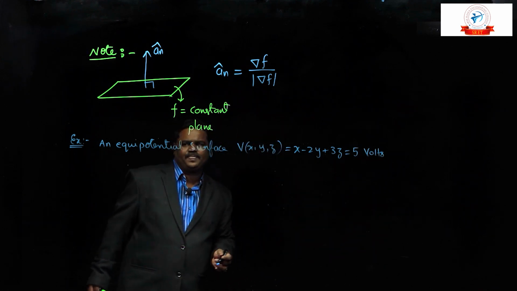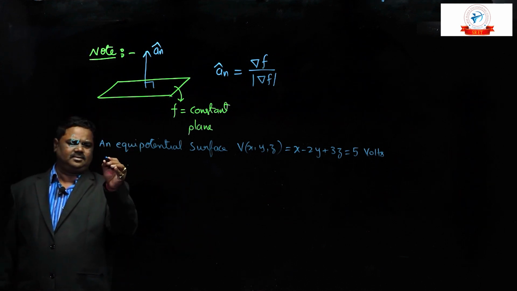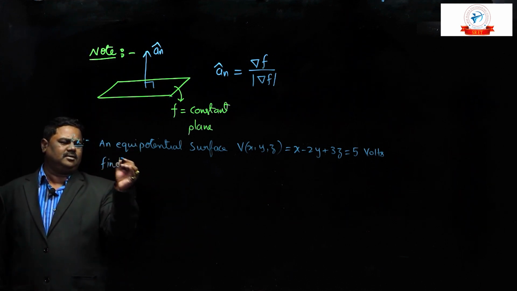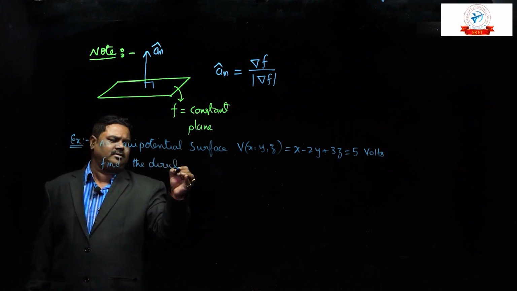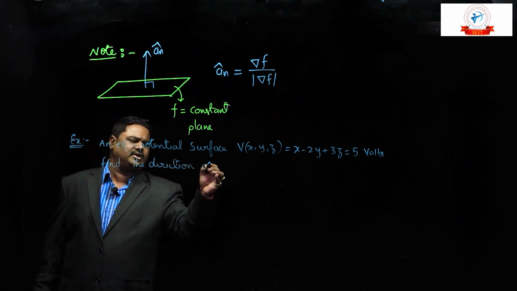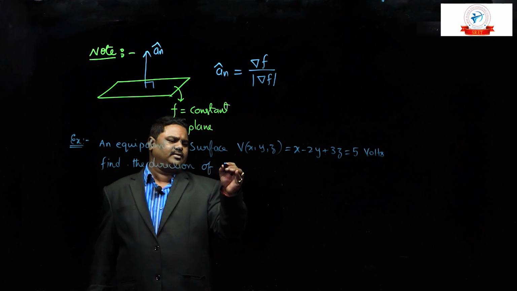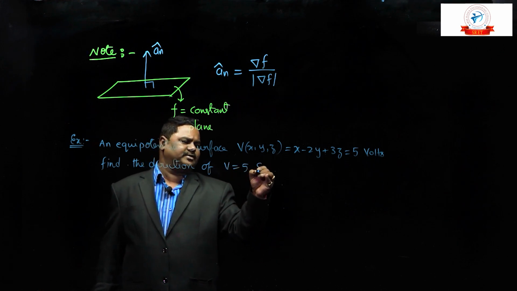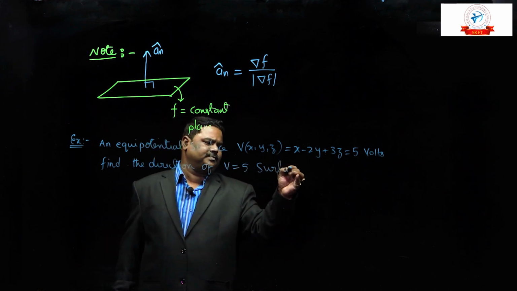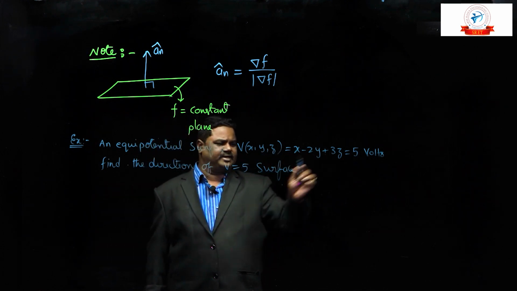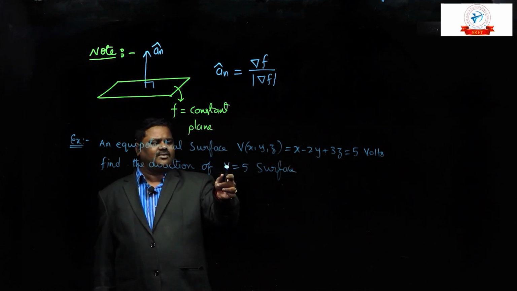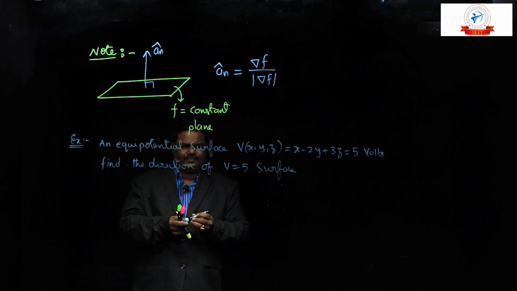Then find the direction of the V equal to phi surface. What is the direction of this V equal to phi surface, where phi is a constant and V is a potential field?